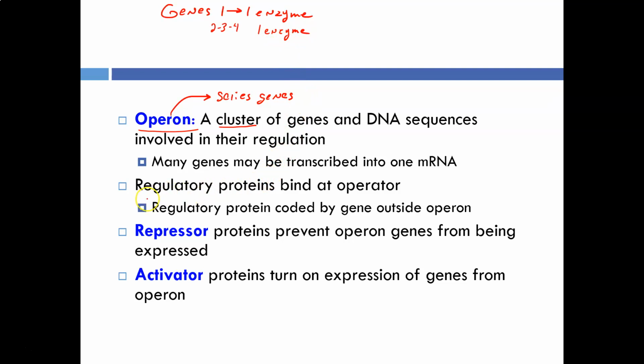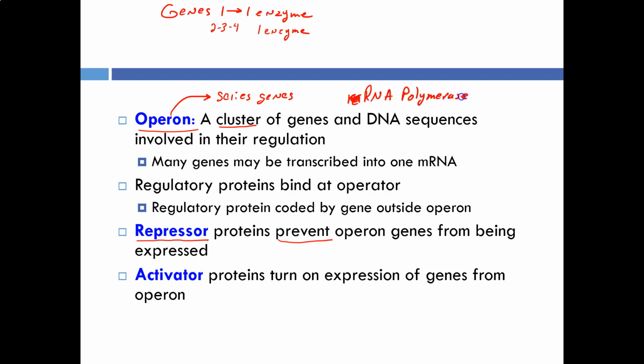We also are going to have regulatory proteins that allow us to either stop or go. When we're talking about stopping, we have what we call a repressor. If you remember, the enzyme is RNA polymerase.